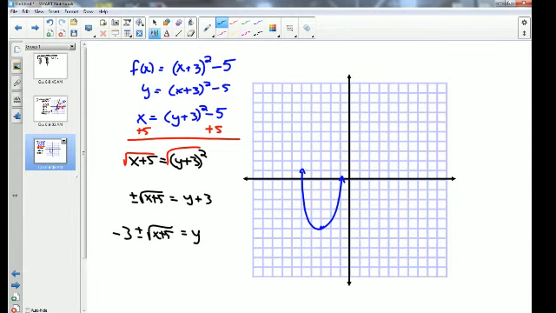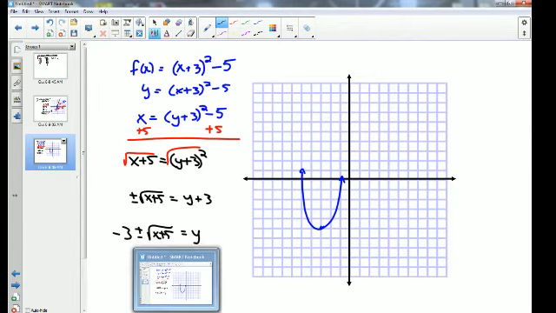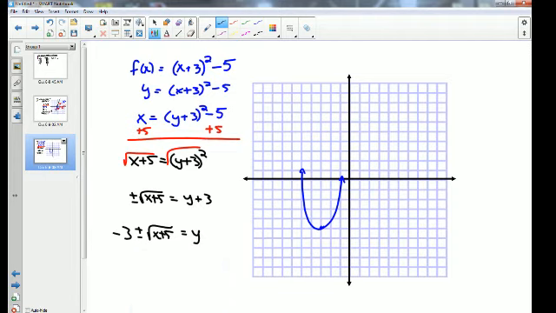What are my movements here? Left 5, down 3. Which way is it going to open? Okay, so we open to the right.